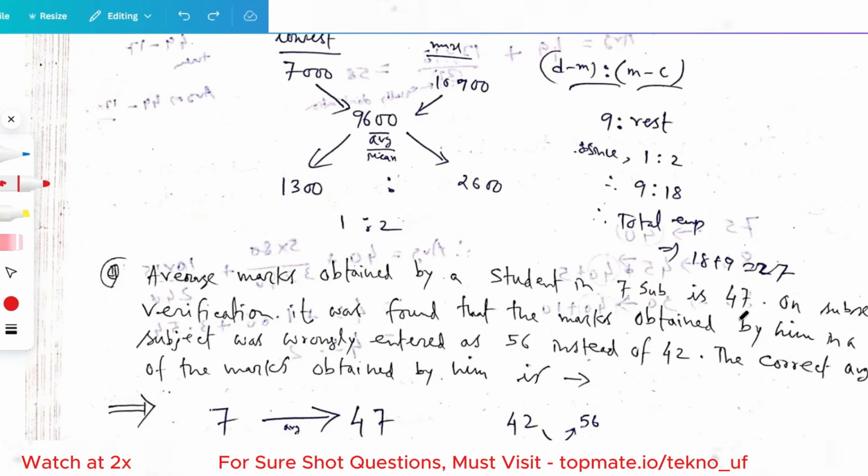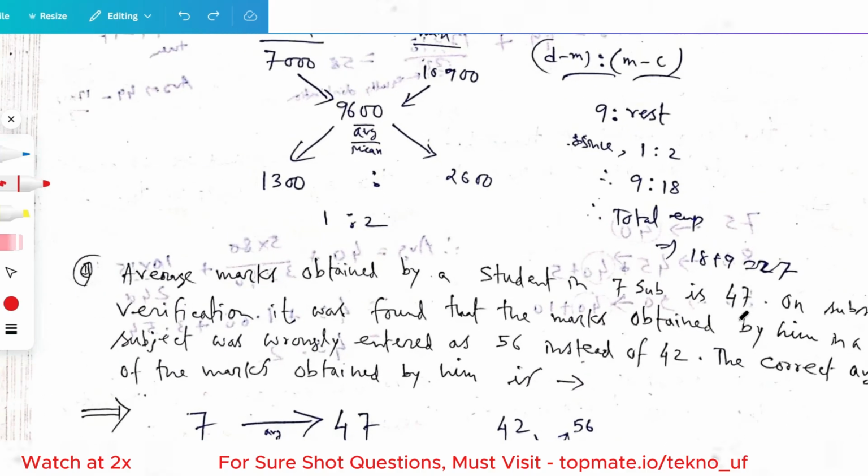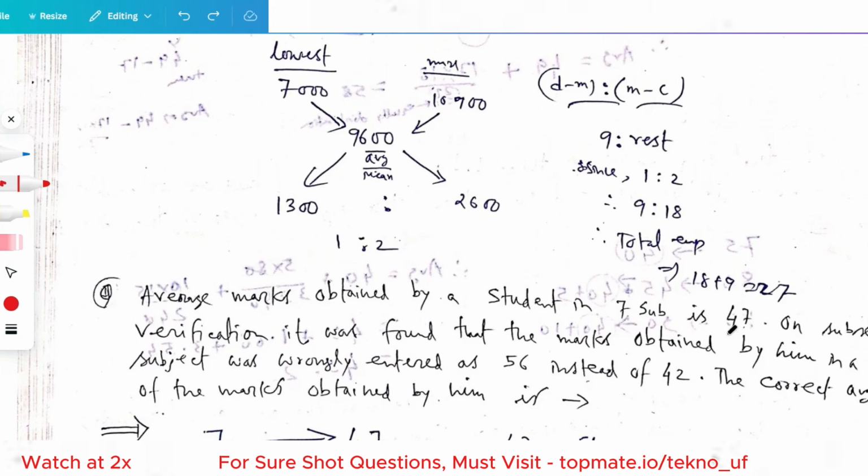So the question is, the average marks obtained by a student in 7 subjects is 47. On subsequent verification, it was found that the marks obtained by him in a subject was wrongly entered as 56 instead of 42. So the correct average of the marks obtained by him is what?